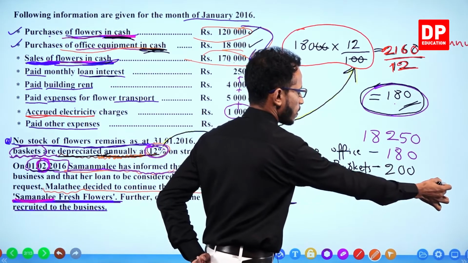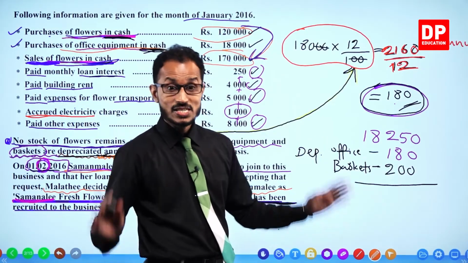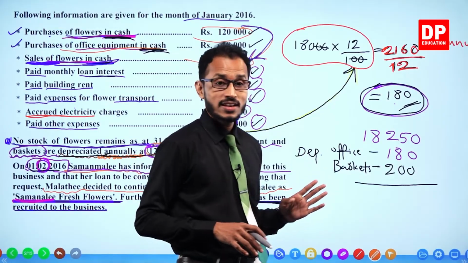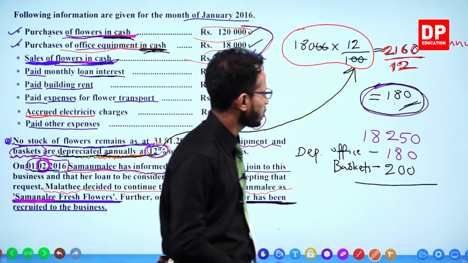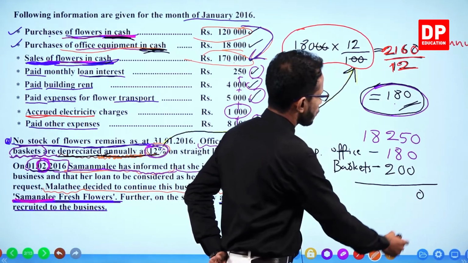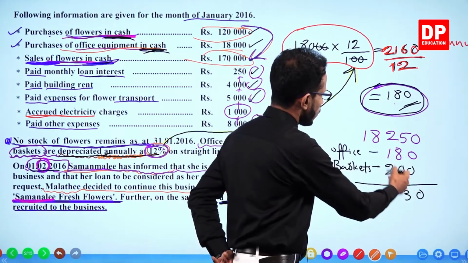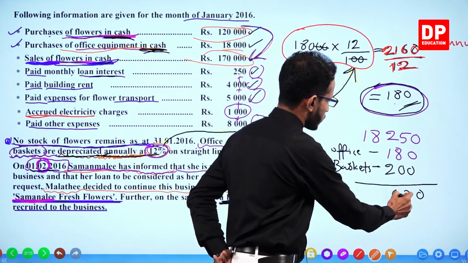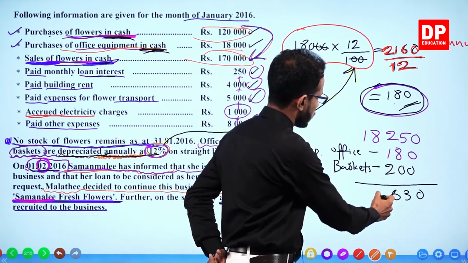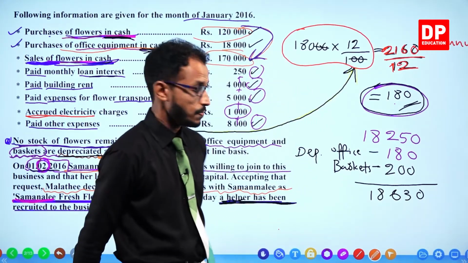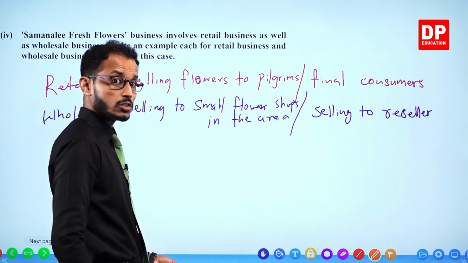Okay, now you take the total expenses with the depreciation of office equipments and baskets. How much? 18,630. Take 18,630 to your profit or loss statement.